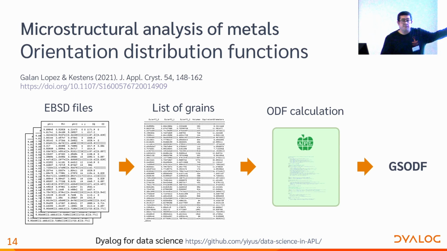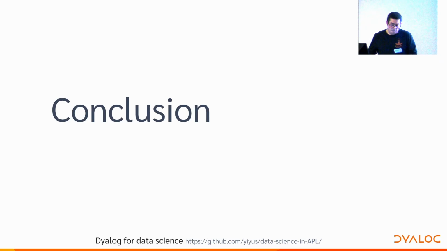And then the ODF calculation is another aggregation. I'm working on the ODF calculation now. This is a bit complicated. It is still a work in progress, and don't worry, because it's a topic for another day. So instead, I'm going to finish.